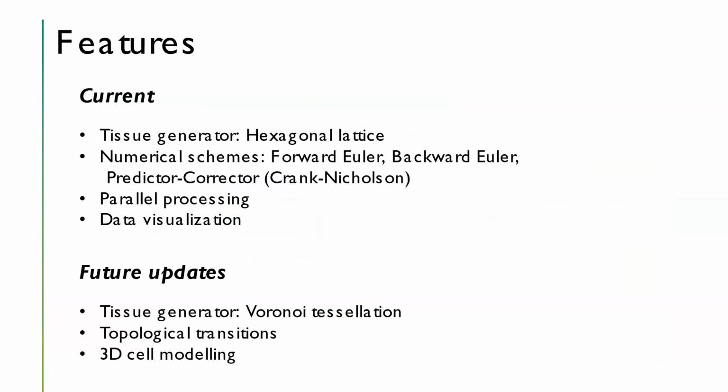And of course, you have data visualization, because there's no point generating all the data if you don't know what it looks like. In future updates, once again ambitious, I want to use Voronoi tessellations to generate more random tissue shapes, to more accurately reflect what the biology looks like. I also intend to put in topological transitions, but for my current problem I don't need them, and also the 3D cell modeling that I mentioned earlier.